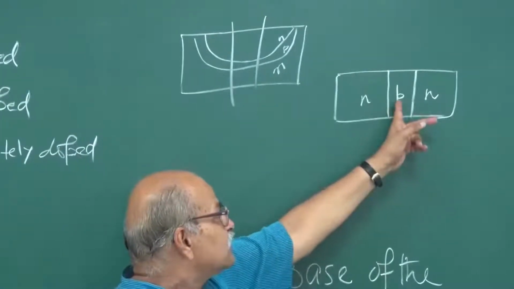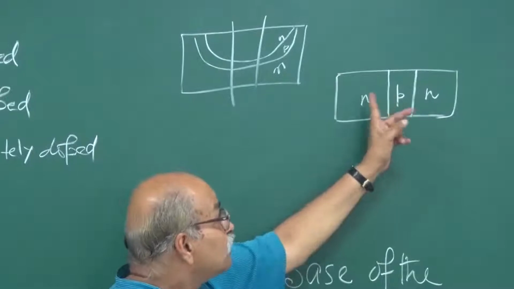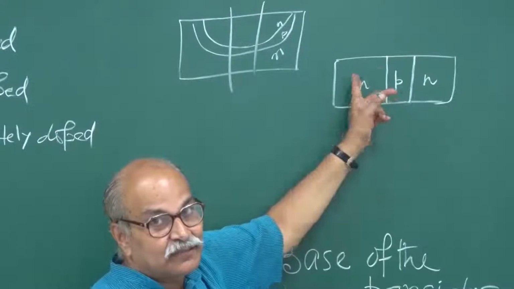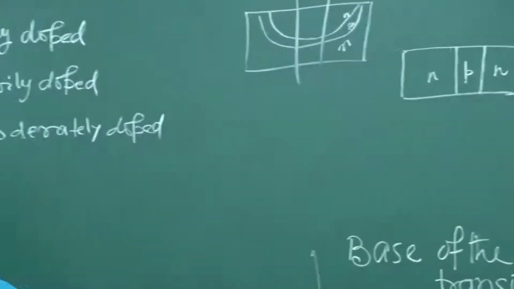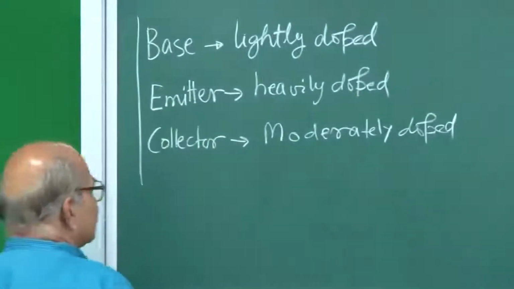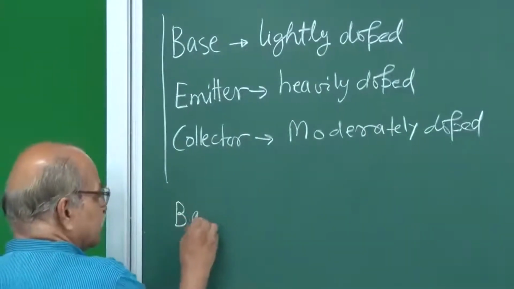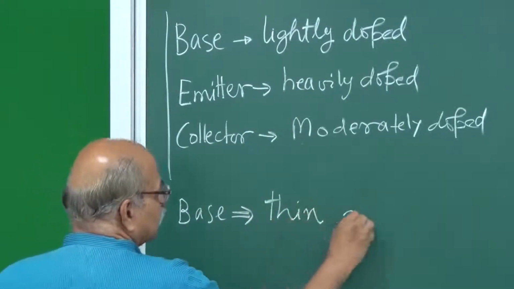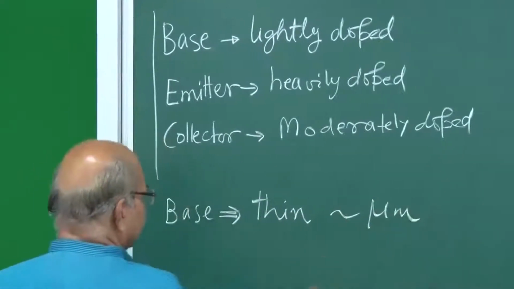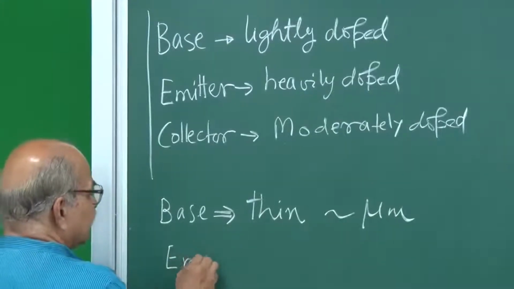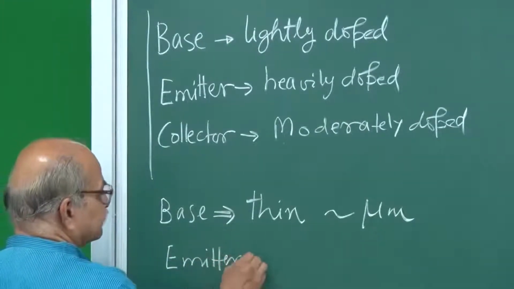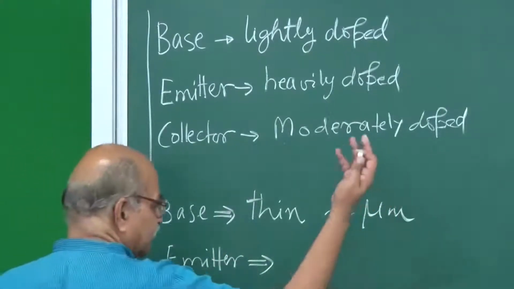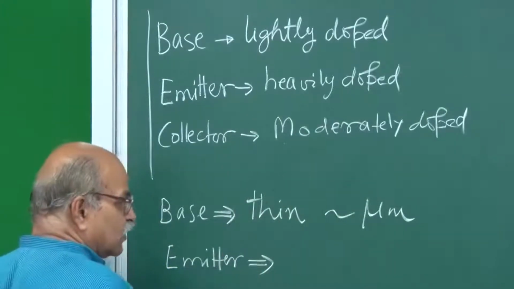Doping level: the base is very lightly doped, one of these two, the emitter, is heavily doped, and the other is moderately doped. The second is the geometrical parameters, the thickness. Your base is very thin, of the order of a micrometer, whereas emitter and collector are relatively much larger, maybe 100 times, or 500 times, or 200 times this.